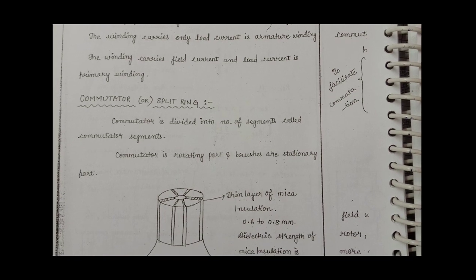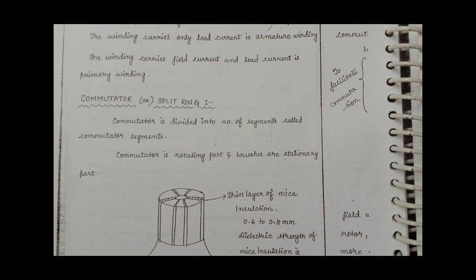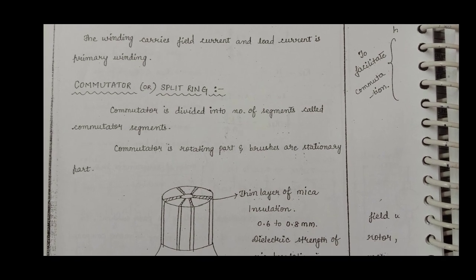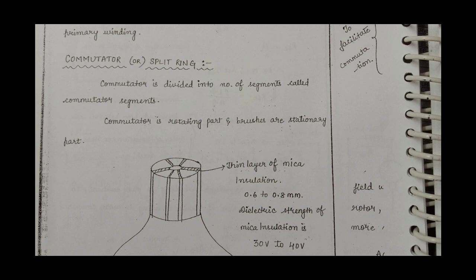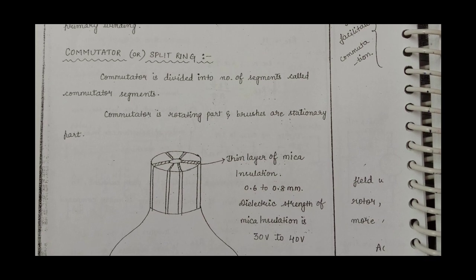Commutator in a DC machine. So the commutator, or we can say the split rings. The main aim of the commutator is to convert an AC supply to DC or DC to AC.